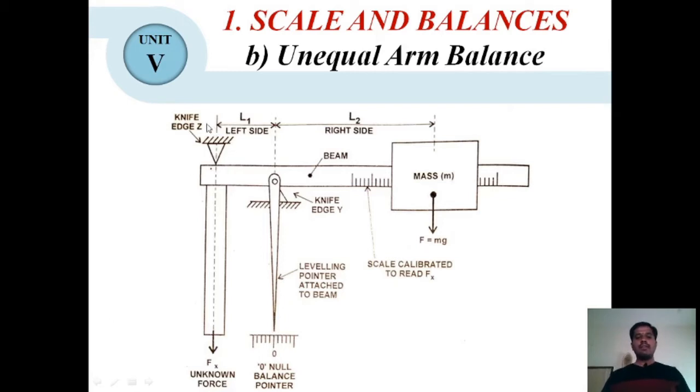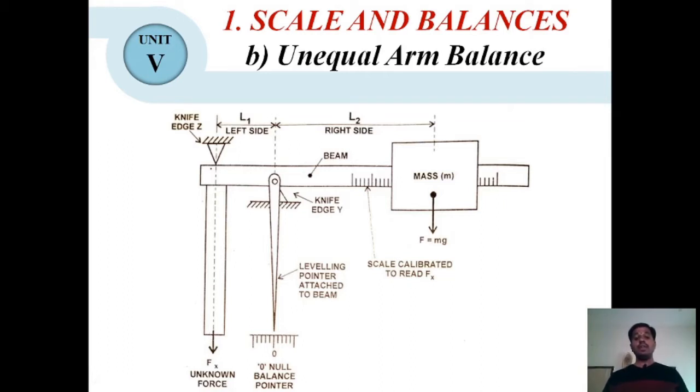There is another knife edge Z which is placed at the left end of the beam. What is the main provision for this? The knife edge Z will try to avoid the movement of the forces. If the unknown force is more than the mass, the value of Fx will act in the downward direction.